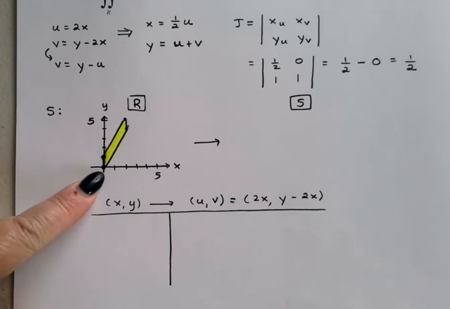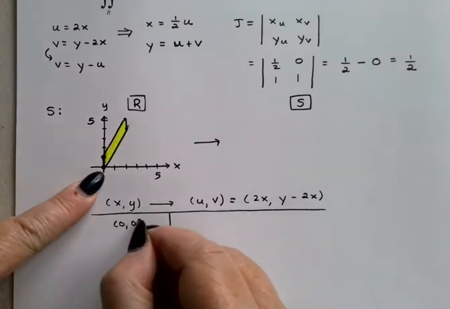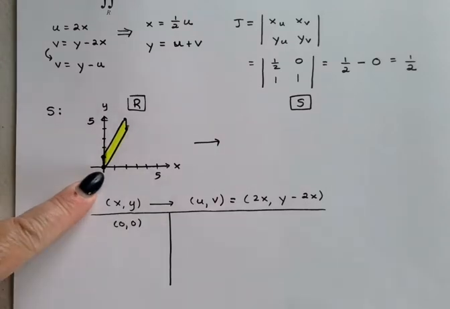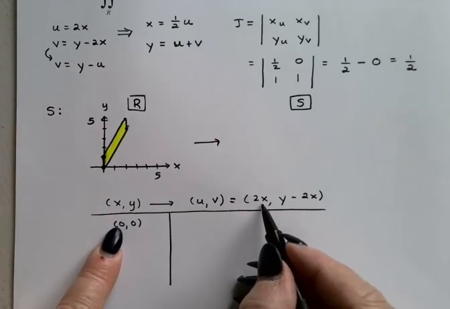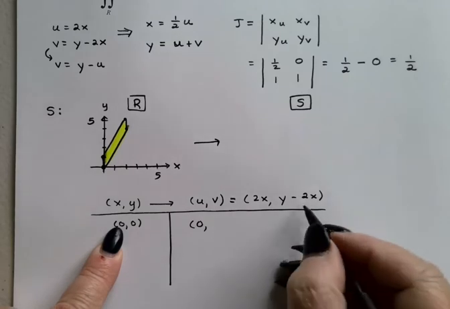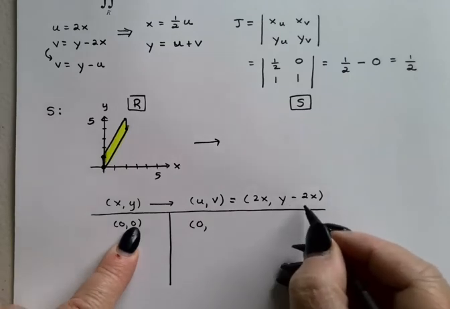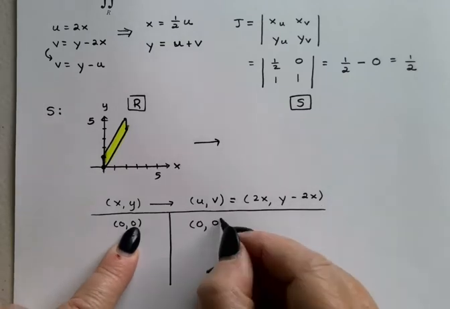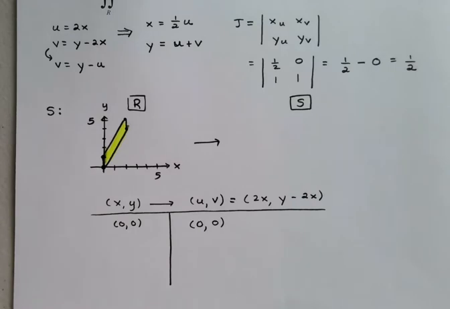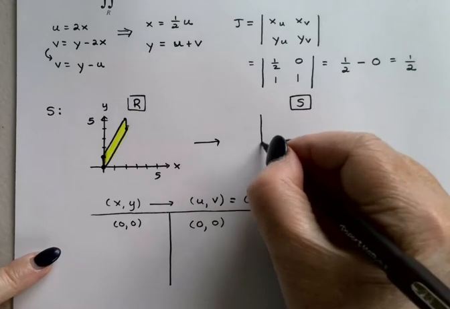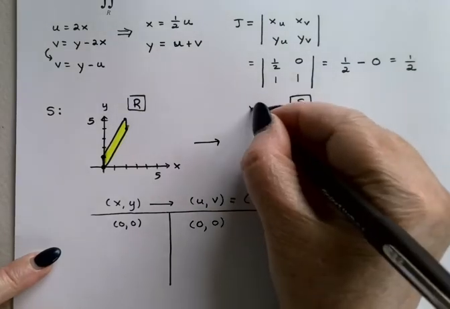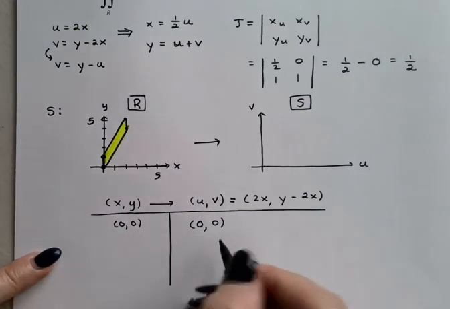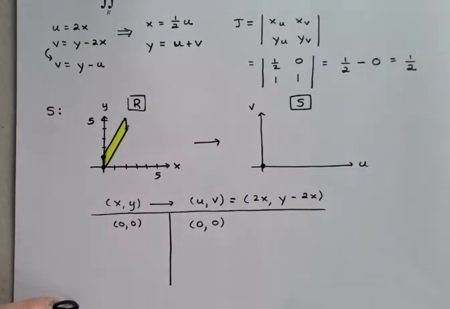So I'll begin with 0, 0, my origin. And if I transform that, 2x, 2 times 0 is still 0. And then y minus 2x, 0 minus 0 is still 0. So the origin appears to have stayed exactly the way it was in my region S. So this is now my UV plane. 0, 0 is still 0, 0.